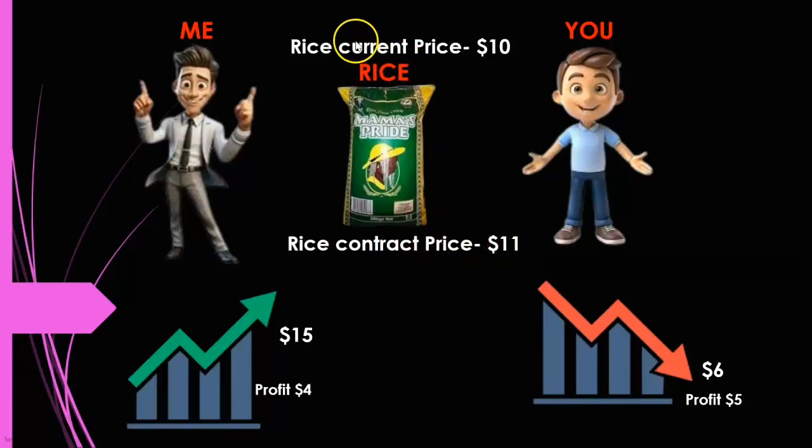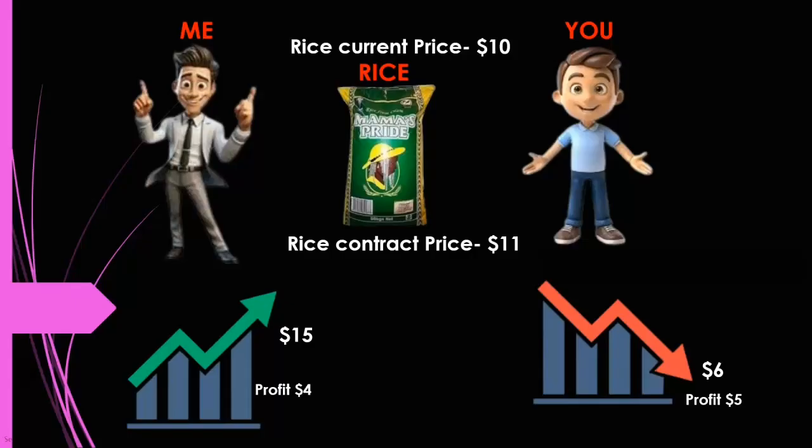The current price of rice is actually $10, but because of the contract, we agree that I'm going to pay you $11 so that you can sell one bag of rice to me in December at this amount. I am scared that the price might go up more than that, and you are like, it's not going to go up, instead of going up, it's going to come down.